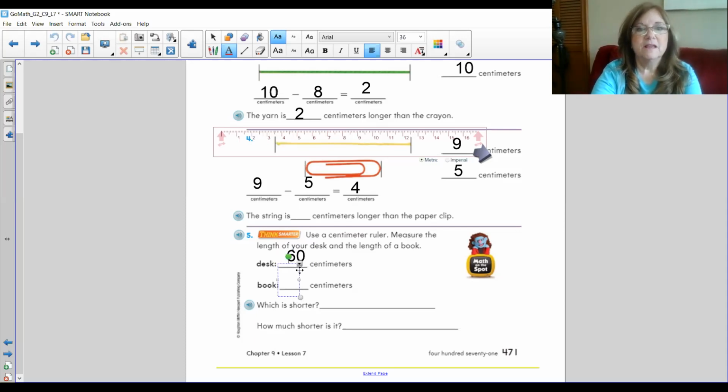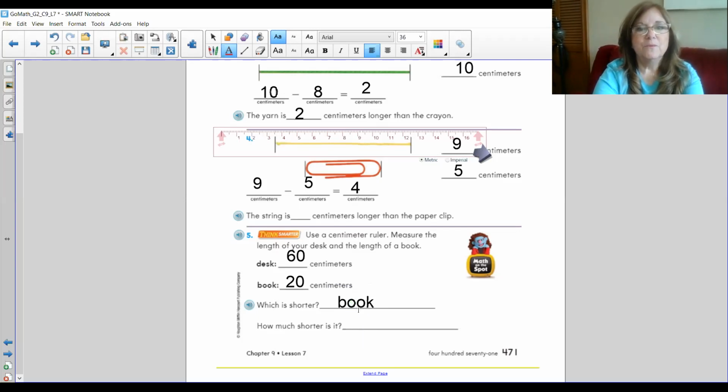And the book was not quite the whole ruler. It was 20 centimeters. So obviously the book was a lot shorter, but what was shorter? We want to write the book, so we'll just write book. And how much shorter was it?